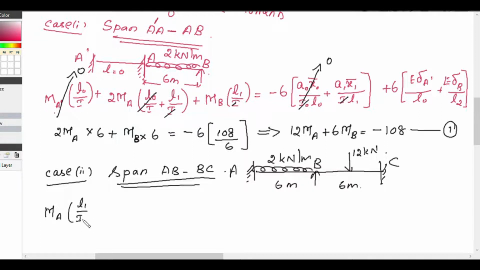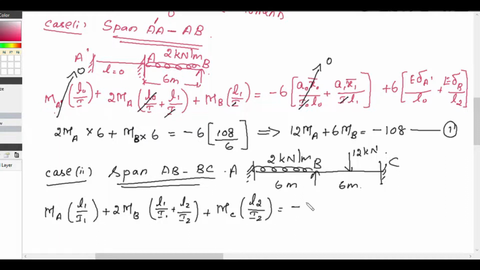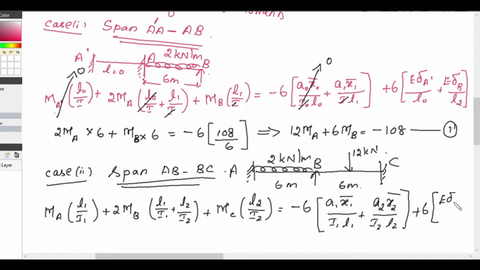I1 is I here because there is no change in I throughout the span, or throughout the beam, plus 2 times the intermediate support, that is MB into (L1 by I1 plus L2 by I2), plus MC, the third support is C, MC into L2 by I2, is equal to minus 6 into (A1 x1 bar by I1 L1 plus A2 x2 bar by I2 L2) plus 6 into E delta.